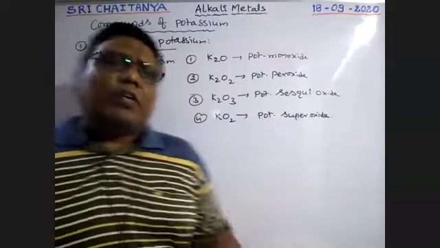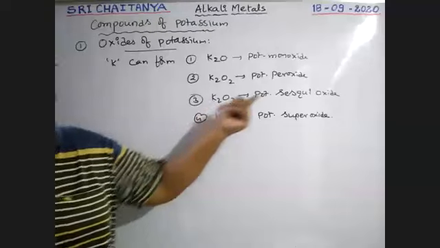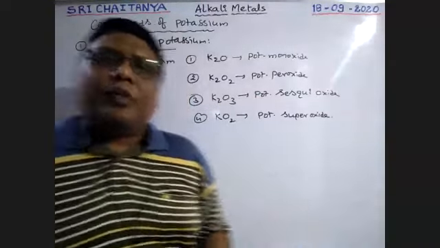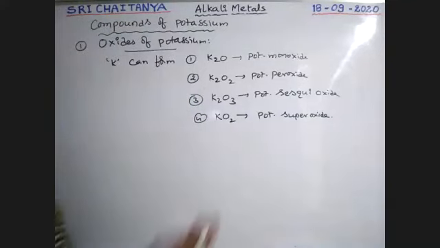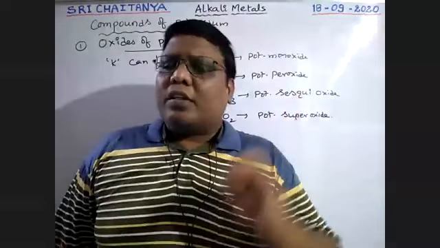Three of these compounds you already know. The newest one is potassium sesquioxide. It is also found, but it is very unstable. Now, what are the preparations of these potassium oxides? Boys, we already completed sodium oxide and sodium peroxide.